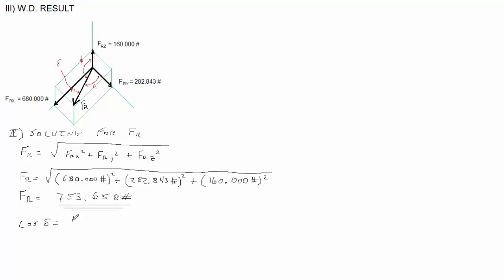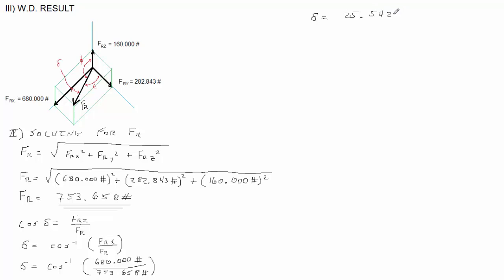So that would be FRX over FR, which means that delta equals the inverse cosine of FRX over FR. Plugging the values in, delta equals 25.542 degrees.